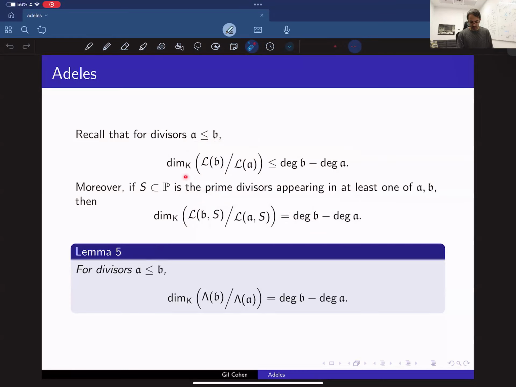So the dimension of the quotient of the non-truncated, the good old Riemann-Roch spaces, is only upper bounded by the degree difference.